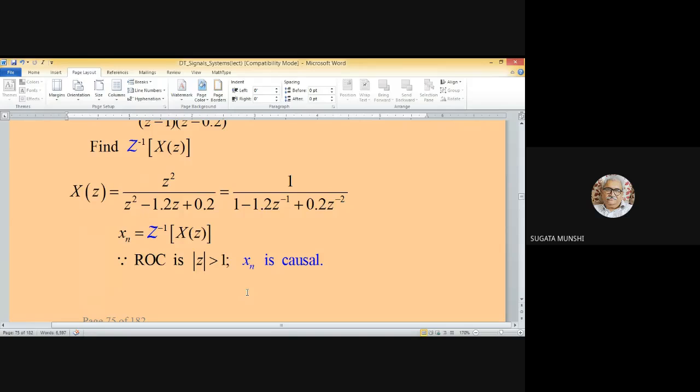If you can express X(z) in this form, therefore from that power series expansion, you can pick up x[0], x[1], x[2], x[3]. So those are the values of x[n] that you desire. Just let me show how it is.